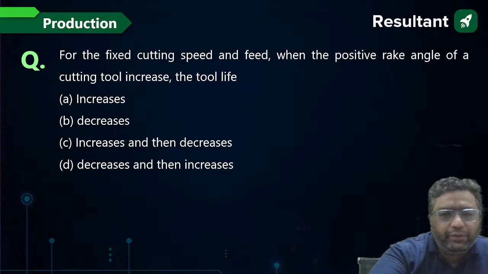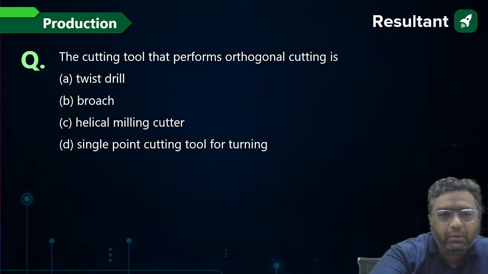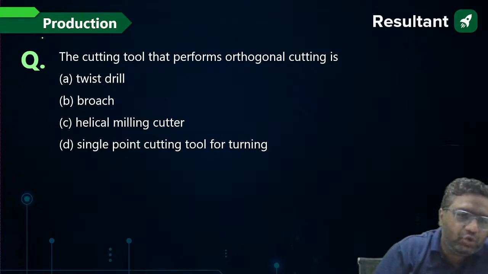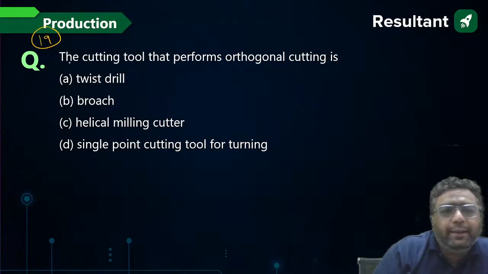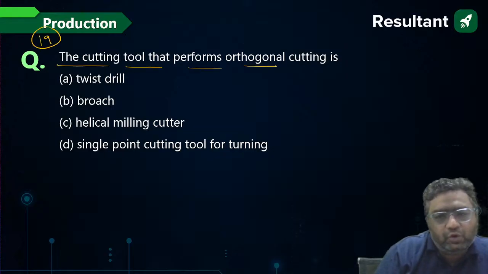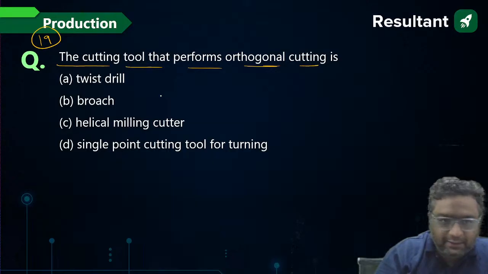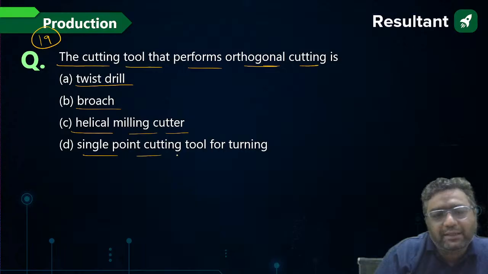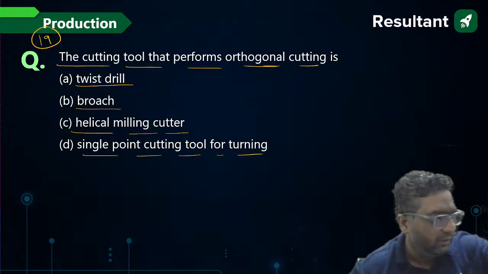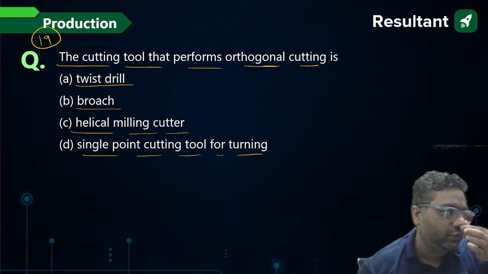Now we are going to reach the next question, question number 19. The cutting tool that performs orthogonal cutting is it twist drill, broach, helical milling cutter, or single point cutting tool? I feel everybody can answer this question.